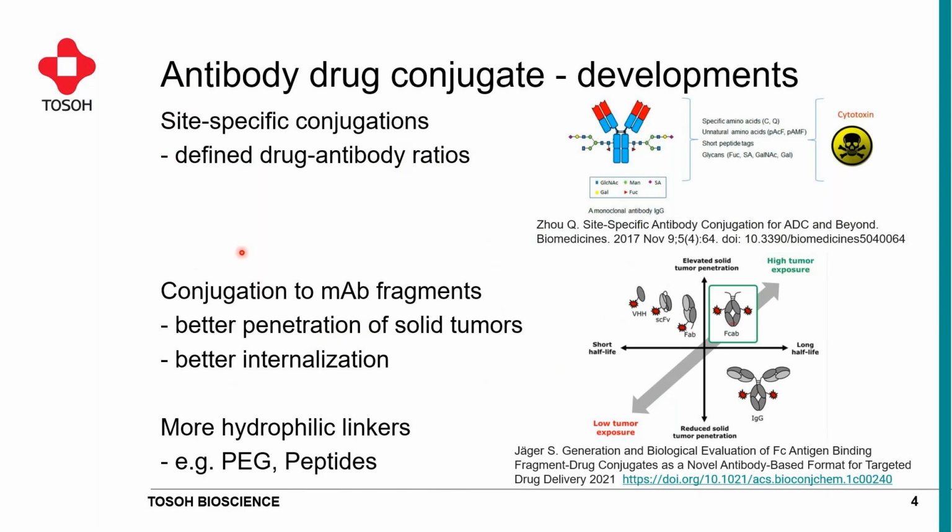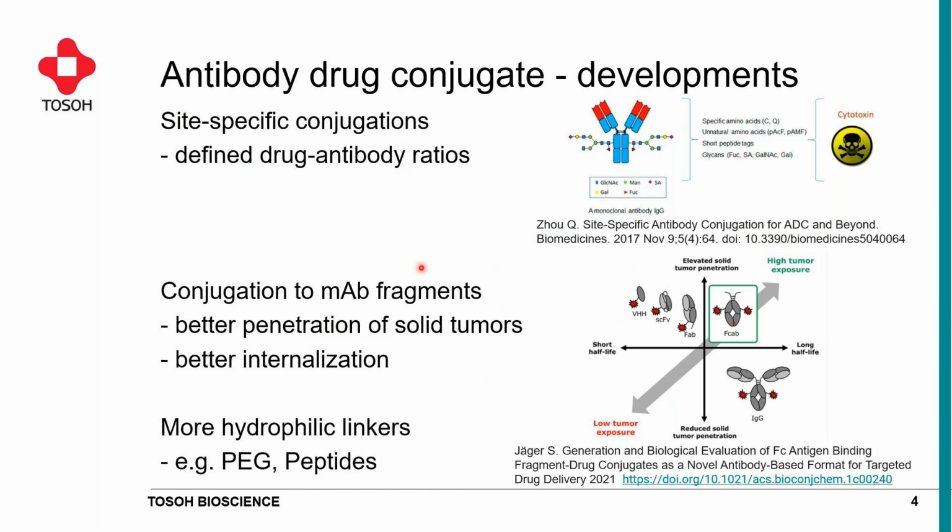Secondly, not only full antibodies are currently used in order to attach the chemotherapeutic drug onto the molecule, but what can also be used is not the whole antibody, but a fragment thereof, which still has the specific binding activity, but it's of course a smaller molecule in general.